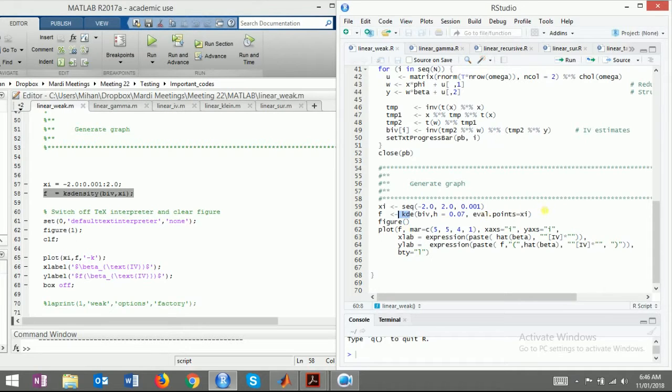You can have a look into that anytime you want in the help, like here you can type KDE. Let's see what comes up. Let's see if R could find something. You can always Google. R has a very big library.